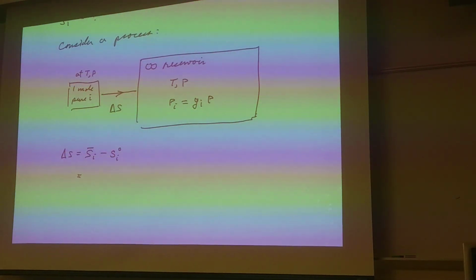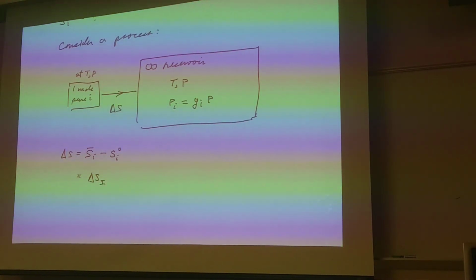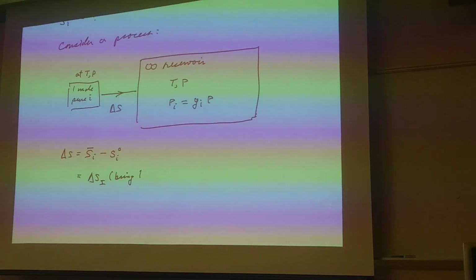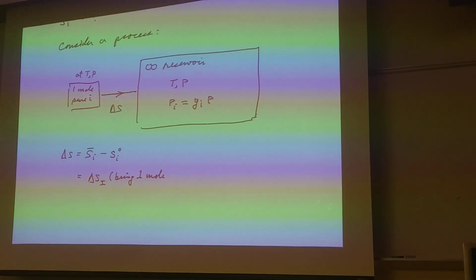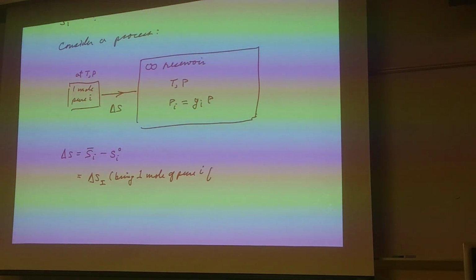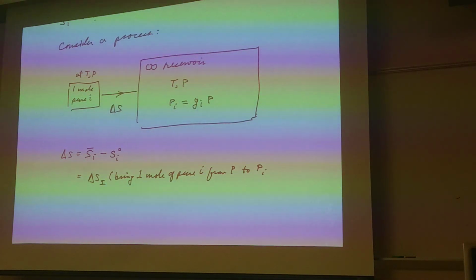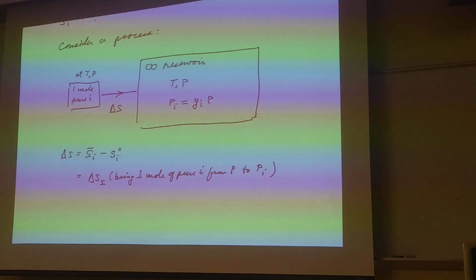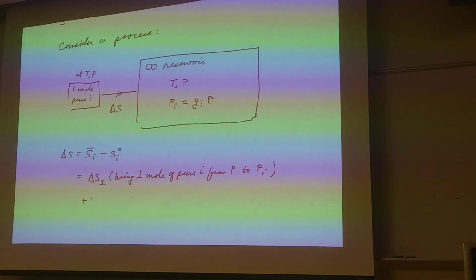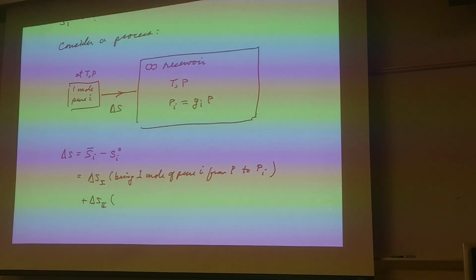Let's imagine first bringing our pure I, call that step one, and that is to bring 1 mole of pure I from whatever the pressure P is to whatever the partial pressure is that it will exert in the reservoir. Plus, then a second step is to bring it into the reservoir.